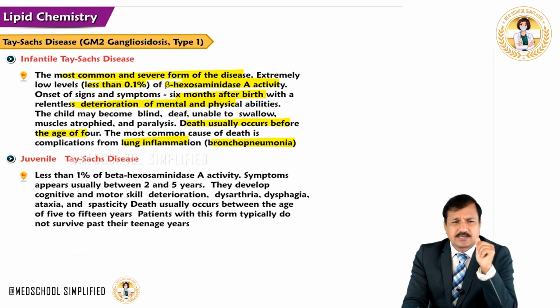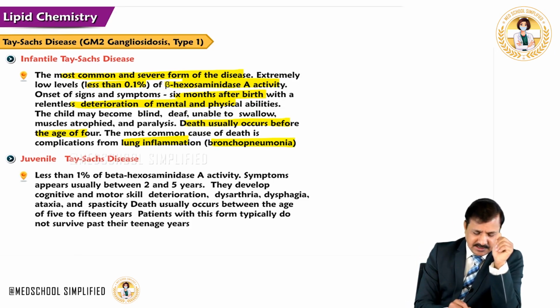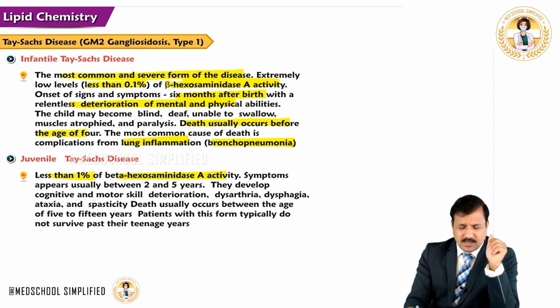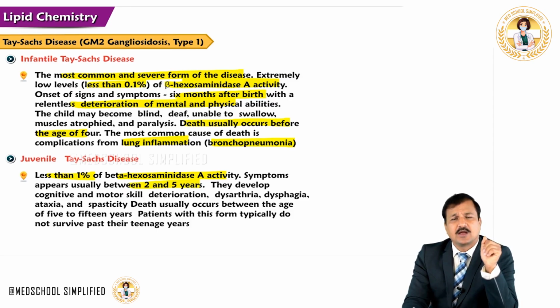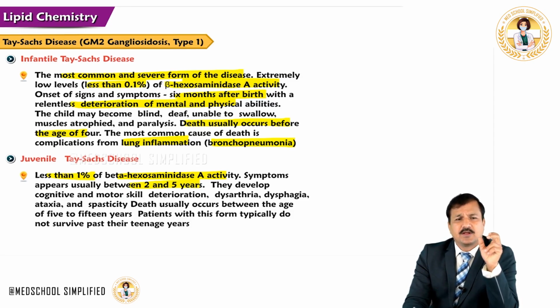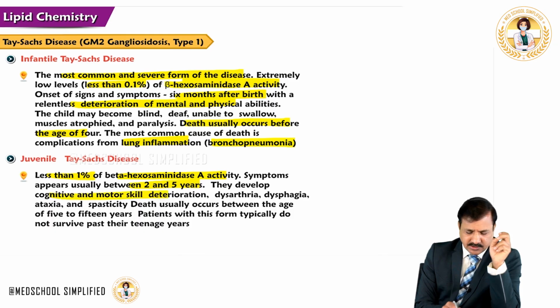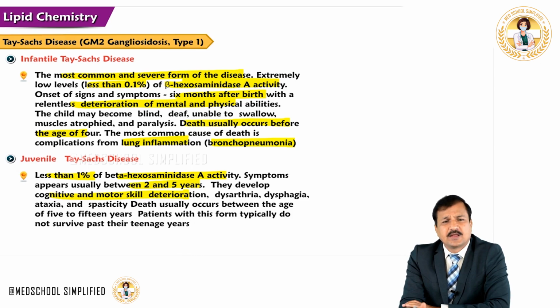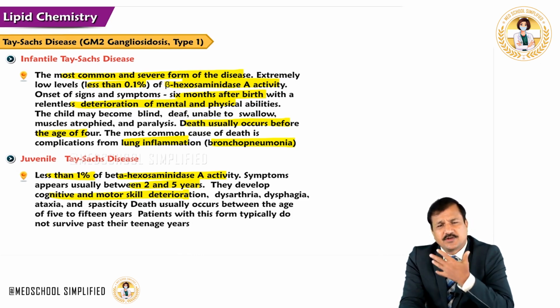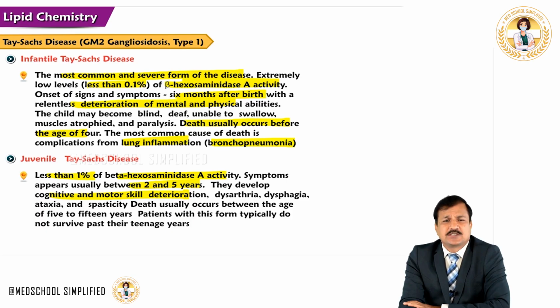Coming to juvenile Tay-Sachs disease. In juvenile Tay-Sachs disease, the beta-hexosaminidase A enzyme activity is less than 1%. And the symptoms and signs usually begin between 2 to 5 years. Children develop cognitive and motor skill deterioration. They may have dysarthria, dysphagia, ataxia. Dysphagia means difficulty to swallow, ataxia means not able to walk in a straight line, and spasticity.